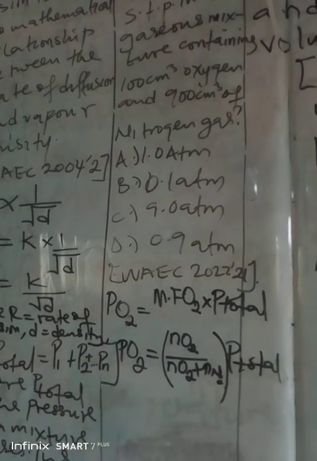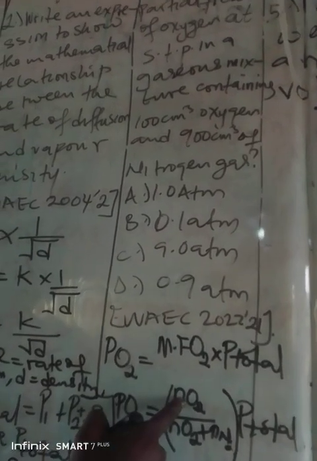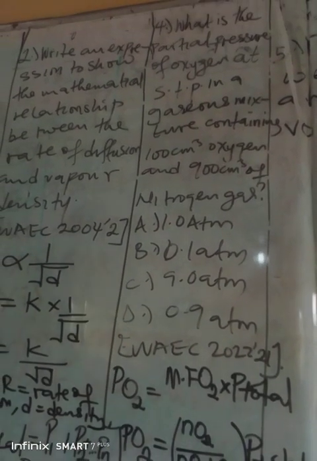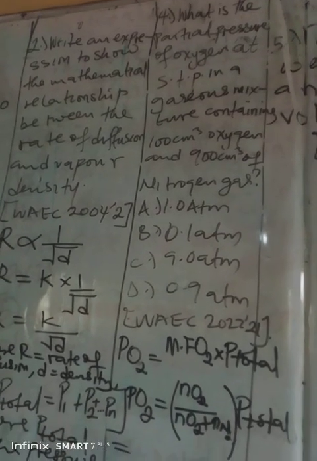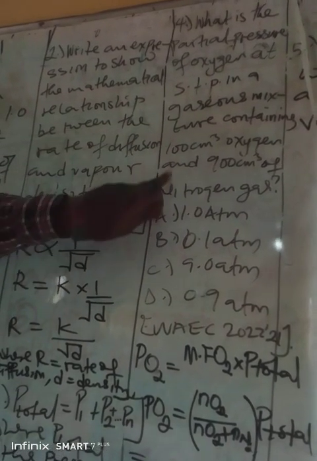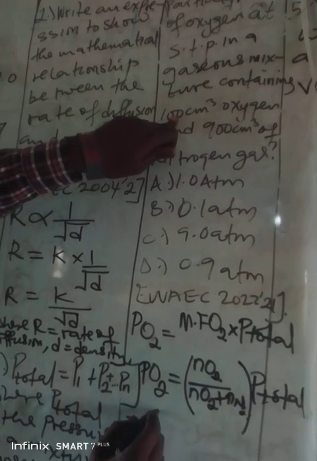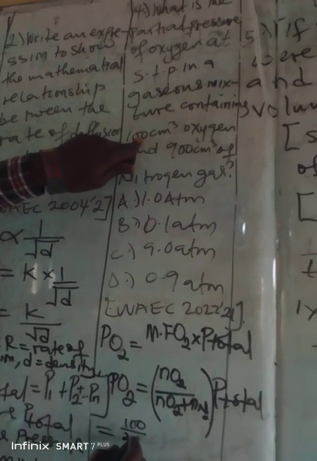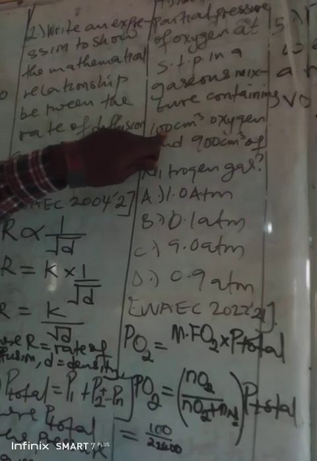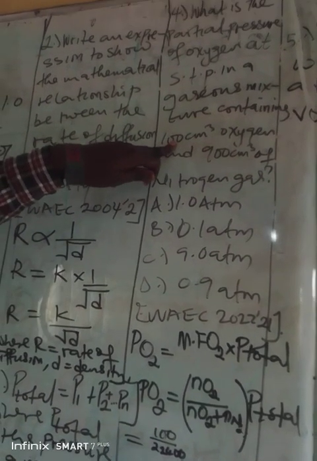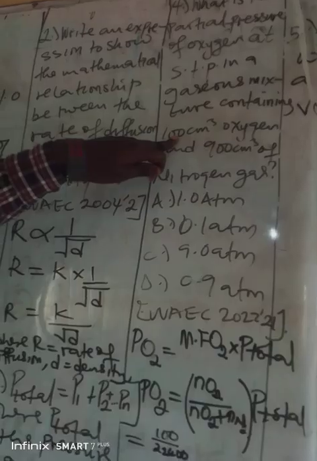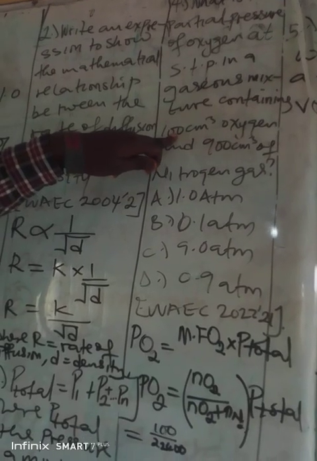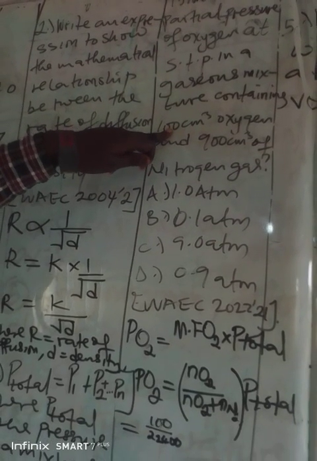So what are we going to do here? What is the number of moles of oxygen? Number of moles is volume over molar volume. What is the volume of oxygen given to us? 100. What is molar volume? 22,400 cm³, molar volume of gas in cm³. In dm³ it is 22.4 dm³, times 1,000, that is 22,400 cm³.